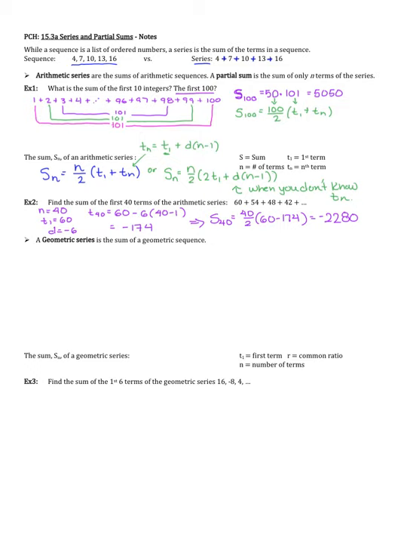Okay, for the geometric, where you are multiplying each term by a common ratio, it also has a really nice derivation, which is kind of fun to walk through. So I'm going to do that with you. So if we have S sub n, and it's geometric, my first term is just my first term.